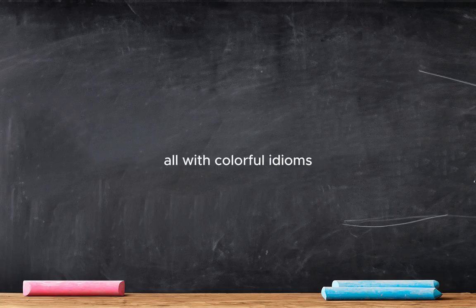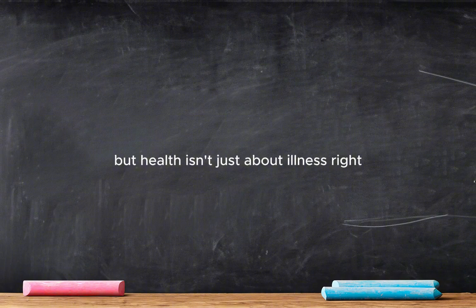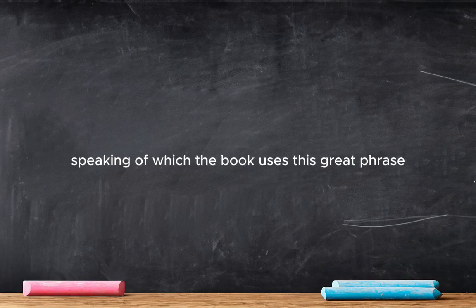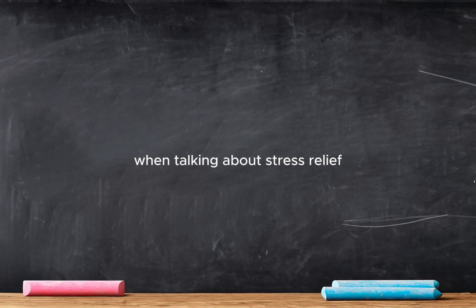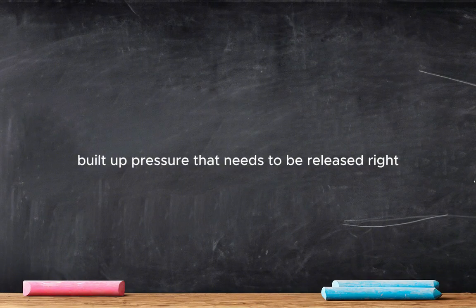But health isn't just about illness, right? It's about taking care of ourselves, both physically and mentally. Speaking of which, the book uses this great phrase when talking about stress relief: blowing off some steam. Yeah. So essential. So important. But think about it, why steam? Steam is like built up pressure that needs to be released. Right.